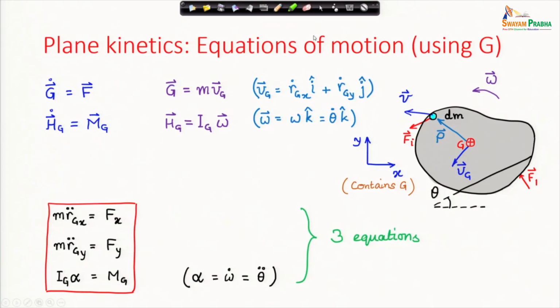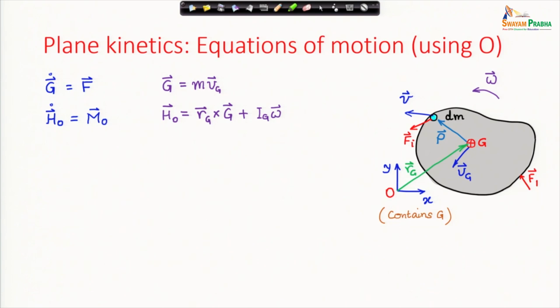If you write down the scalar equations, the component forms of the above vector equations, then you will have three scalar equations, one in the x direction for the translation, another translation in the y direction, and the rotational dynamics equation, where alpha is the angular acceleration. Therefore, we can solve for three unknowns from these three equations.